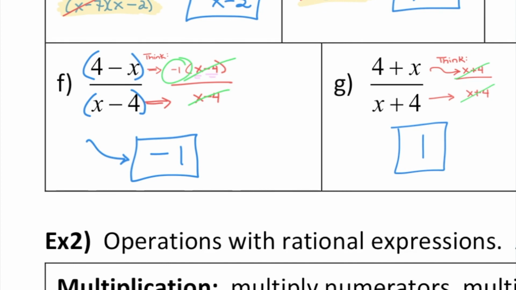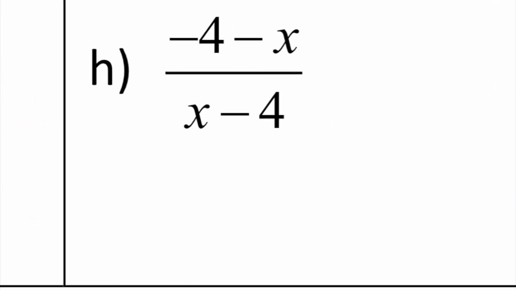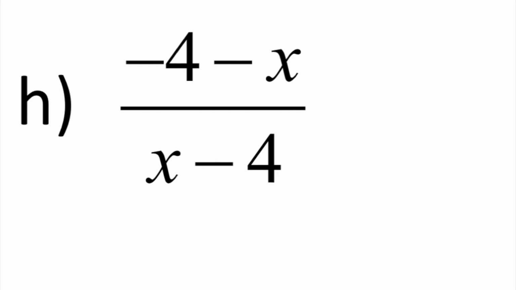Before we go on to H and J, eyeball them real quick. For F and G, these are the only two combinations of adding and subtracting 4's and x's that'll give you either a positive 1 or a negative 1. So for example, when I look at letter H, there's no way that you can rewrite -4 minus x so that it's going to cancel with x minus 4.